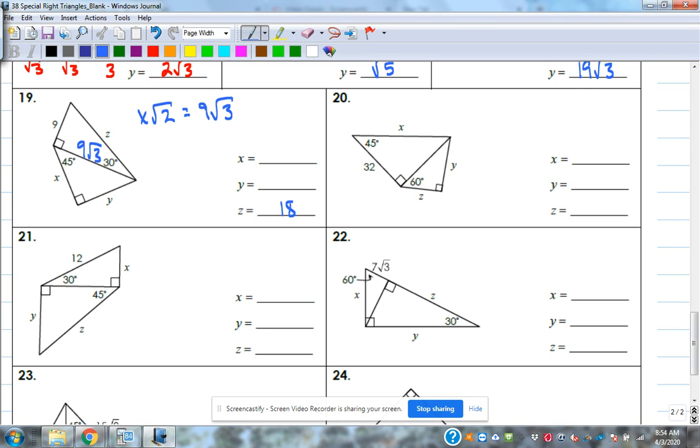So we got to do a little bit of interesting math here. It's going to be 9 radical 3 over radical 2. So we got to rationalize that. So when we rationalize, we multiply by radical 2. 3 times 2 is 6. That's 9 radical 6 over 2. And x and y should be the same.